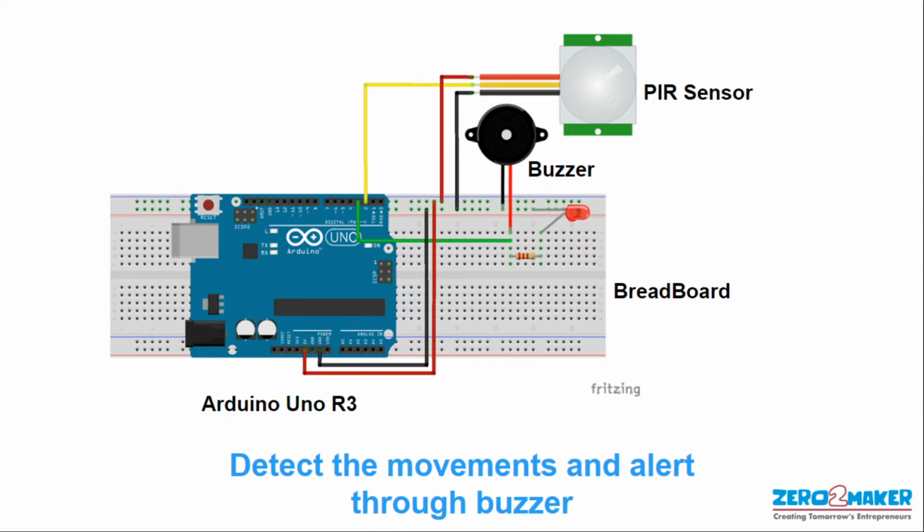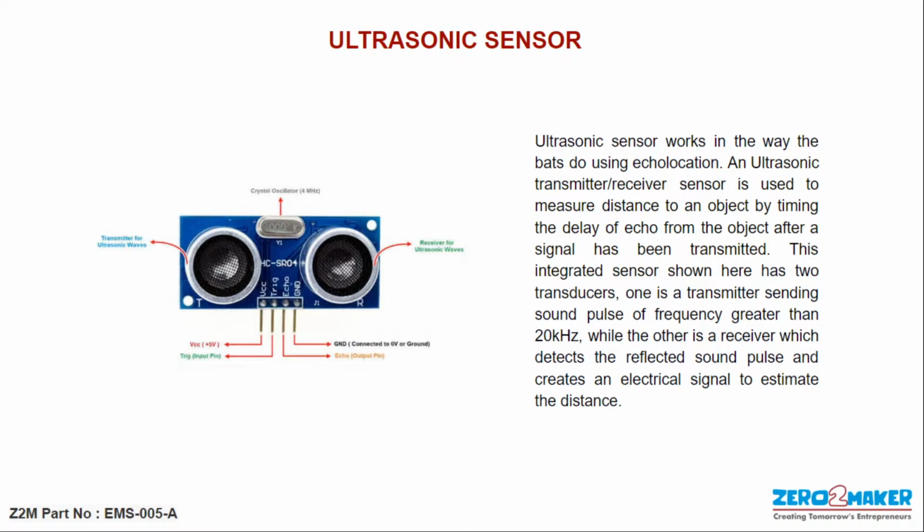Now going further, we have an ultrasonic sensor. This particular sensor works with waves, and these waves travel and reflect back. Every sensor has its limitations, but we will talk about that in detail in the next sessions. This basically works on sound waves emitted by the emitter and transducer.